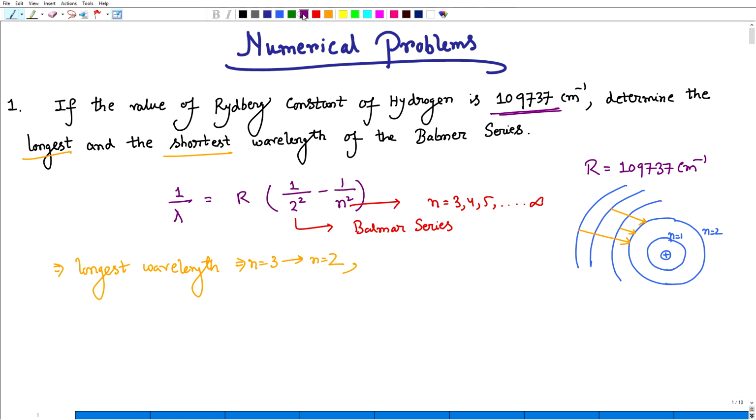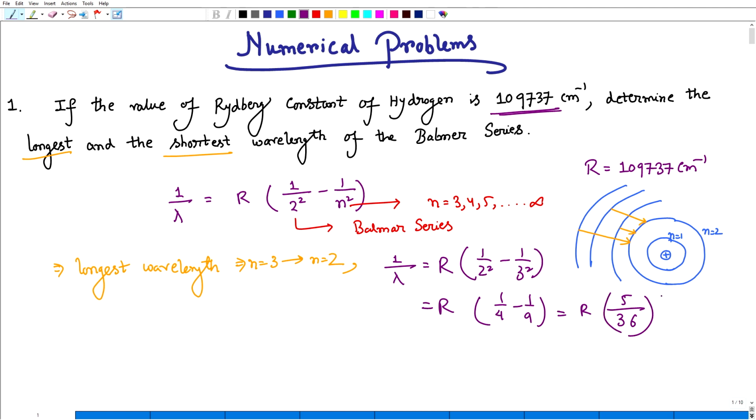So, you can calculate, then 1 by lambda should be R into, R is the Rydberg constant, that is already given to us. Now it is 1 by 4 minus 1 by 9, it is 5 by 36. Okay. Now, this is a unitless quantity.